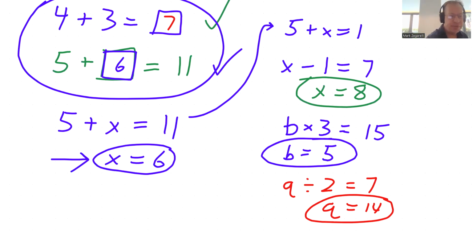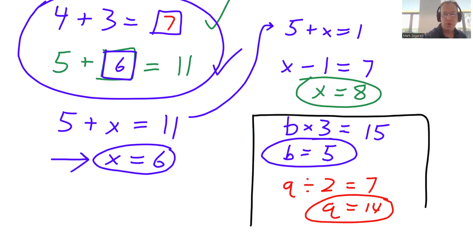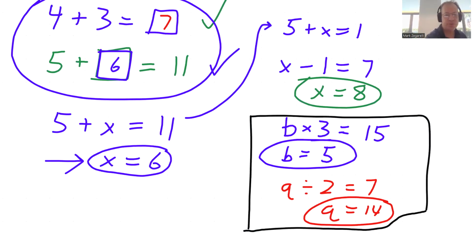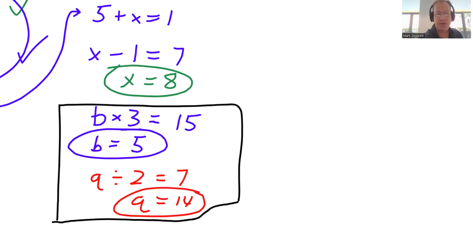But an important thing, and this is probably the last thing I'll cover in this video, is that in algebra, we really try not to use these two symbols, the multiplication symbol and the division symbol. We're perfectly happy with the plus and the minus.